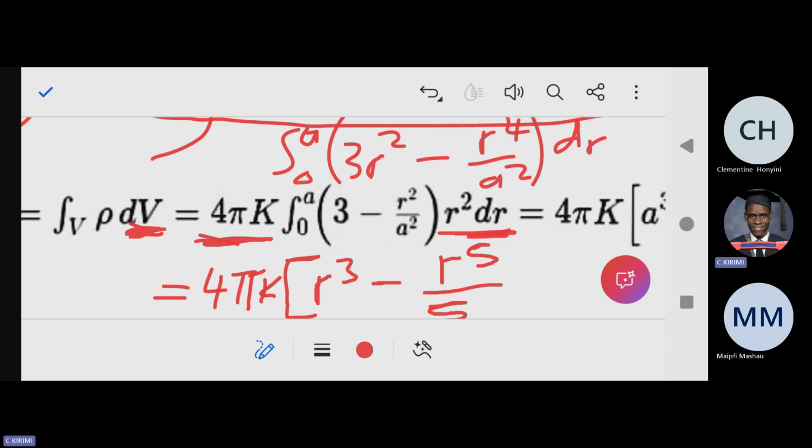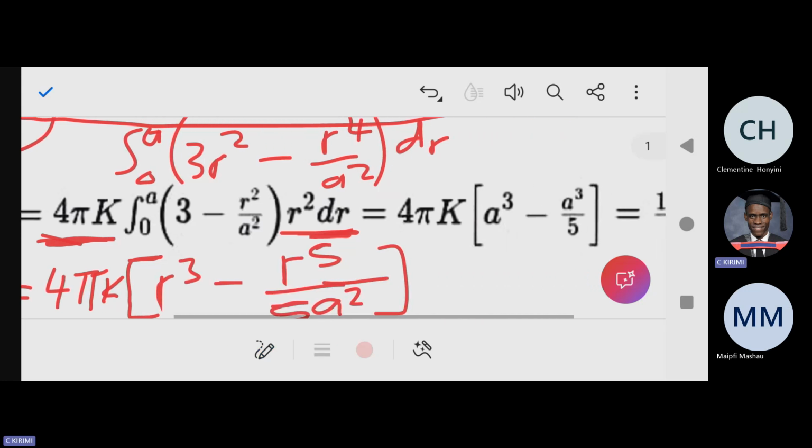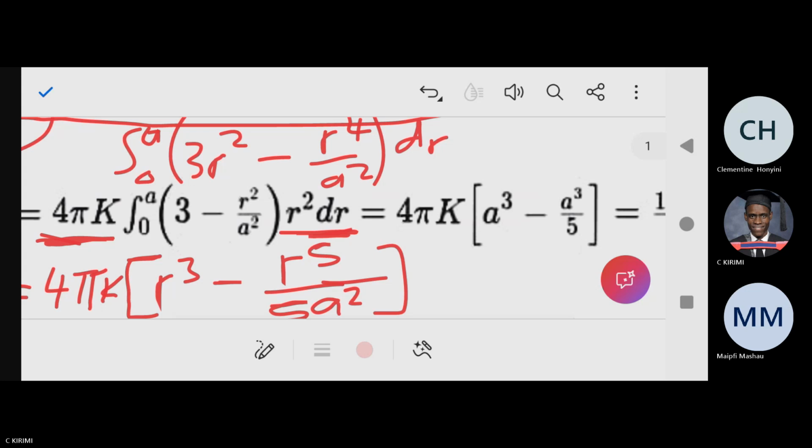Over 5. Right. Then you replace the limits, 0 to a.